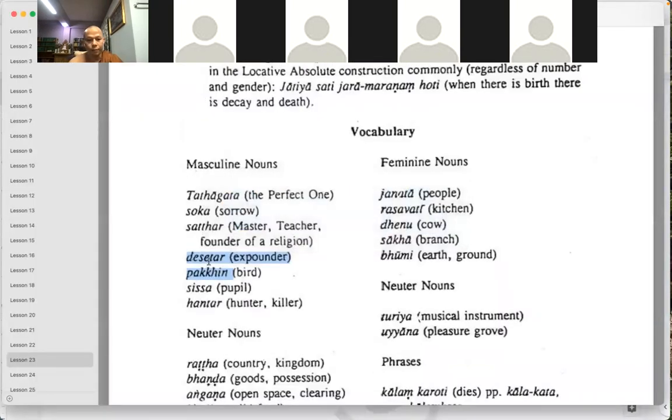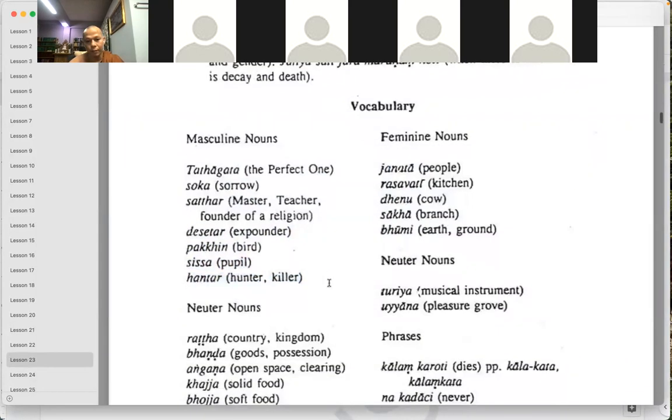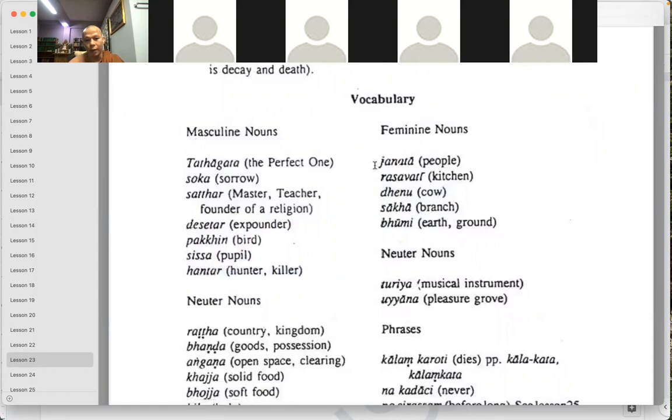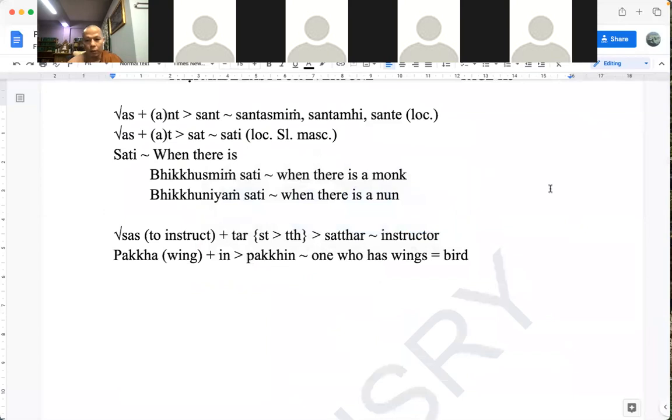And then next, sissa is pupil, okay. And ghataka also killer, or ghataka we already learned. And then now feminine nouns. So janata, people. So janata, people. So actually jana, so jana also people.